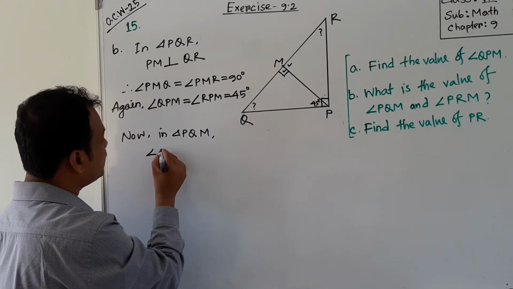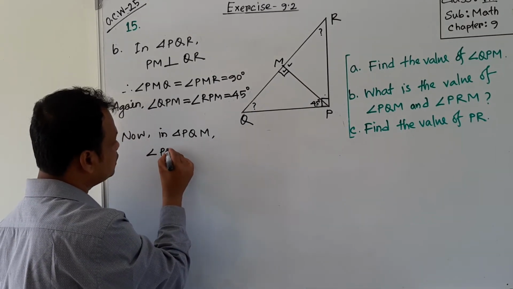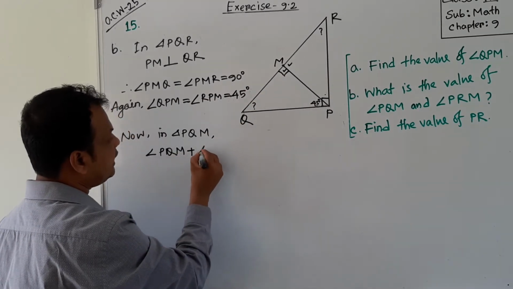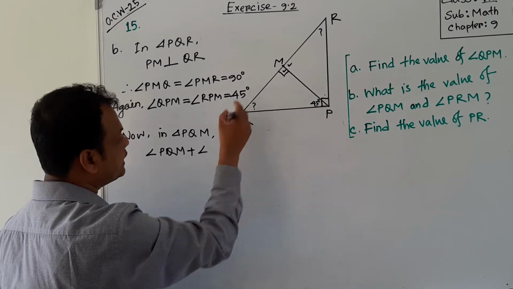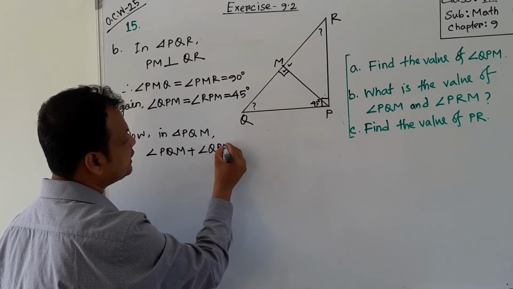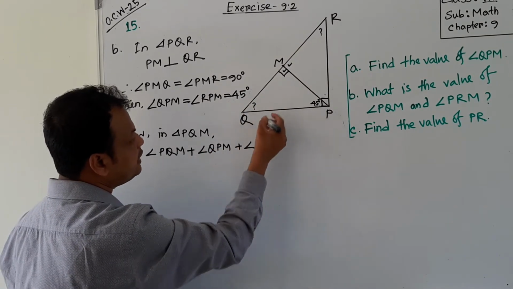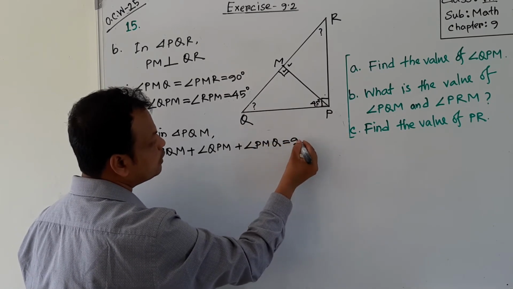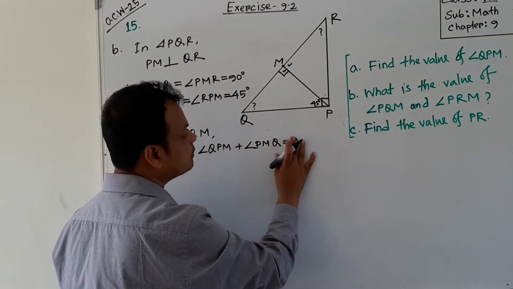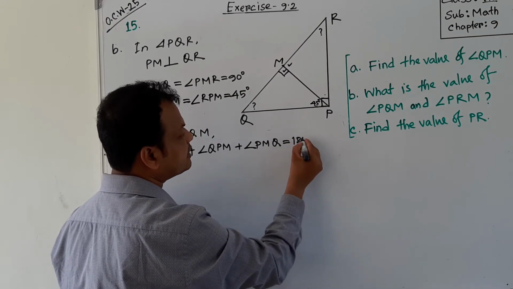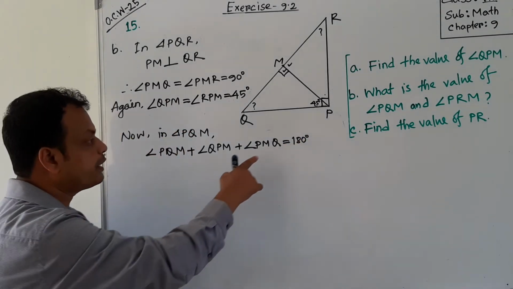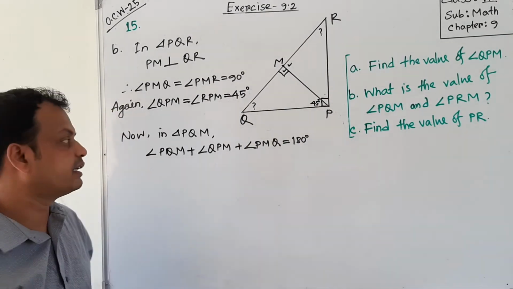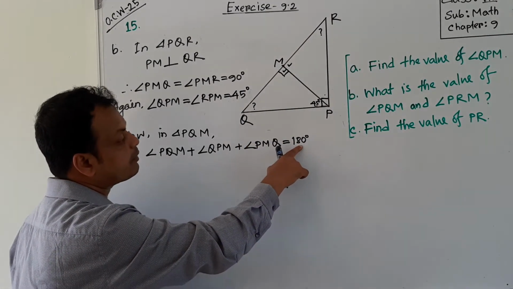Angle PQM plus angle QPM plus angle PMQ equals 180 degrees. Why? Because the sum of three angles of a triangle is 180 degrees. So in this way we have got 180 degrees.